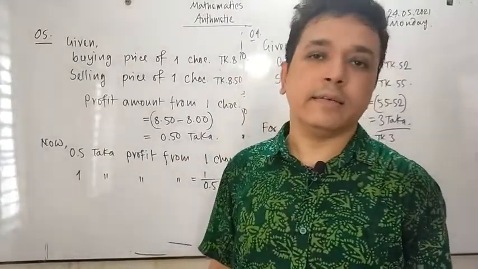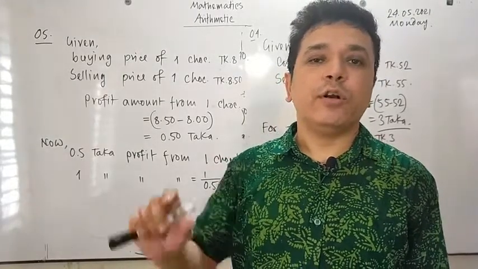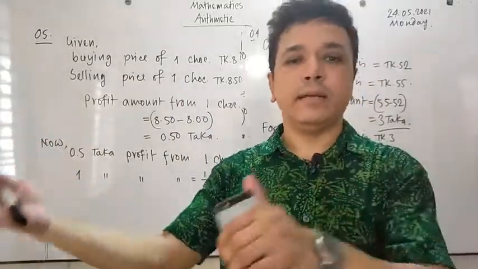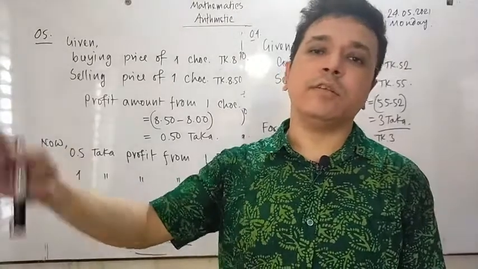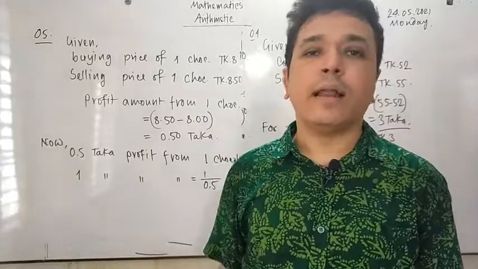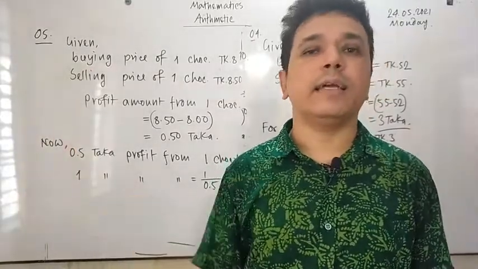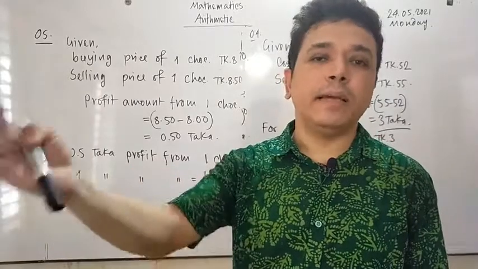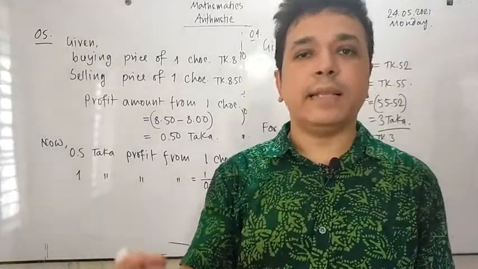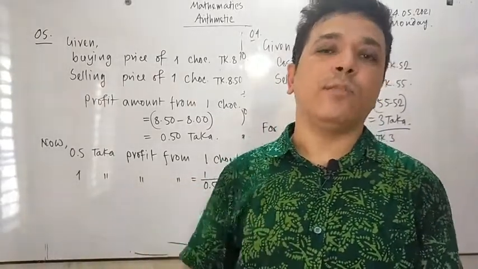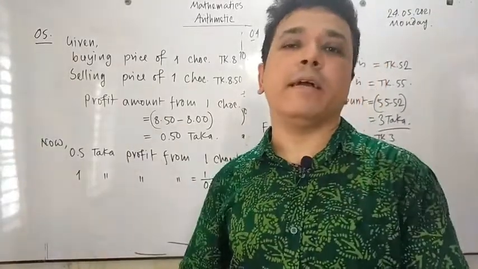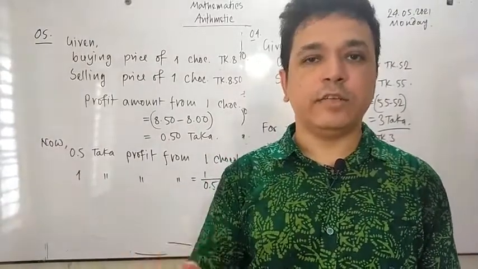Because when you multiply a whole number by a whole number, the result will be enlarged. But if you multiply by a number less than 1, like 0.5 or 0.13, the result will be smaller. If you multiply by a decimal number, the result will be smaller. That is why I have divided here. If you divide, the result will be bigger. This is totally reverse. Do you understand what I am telling you?